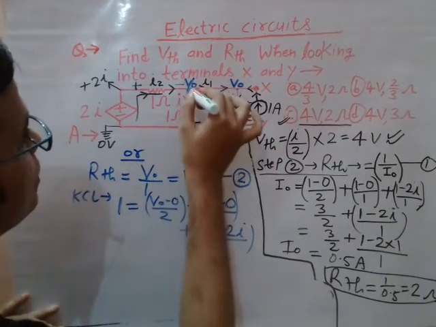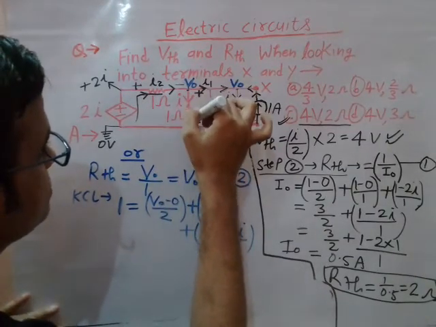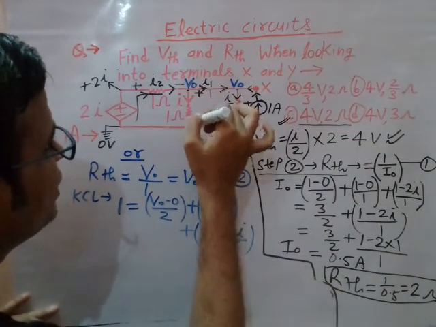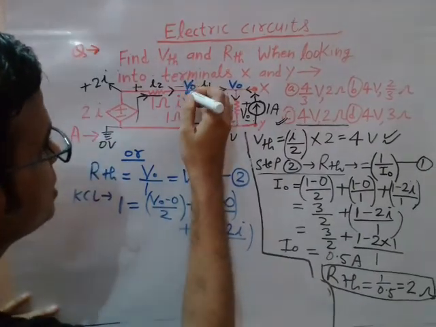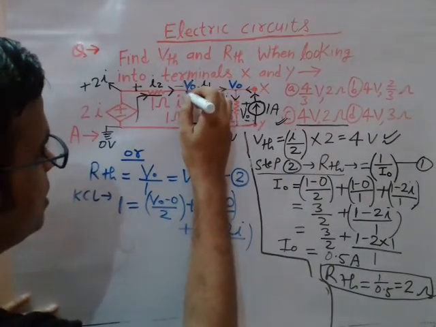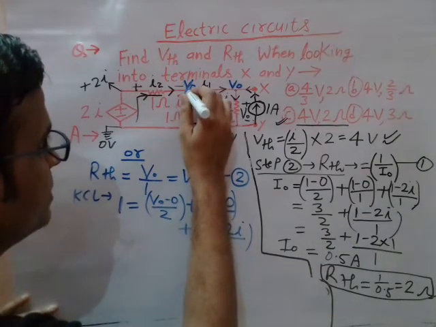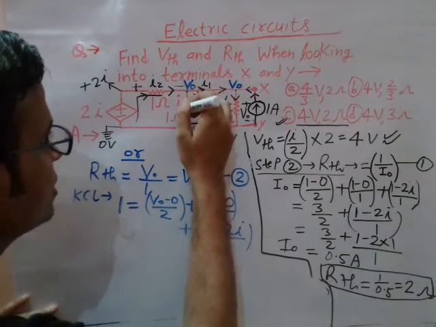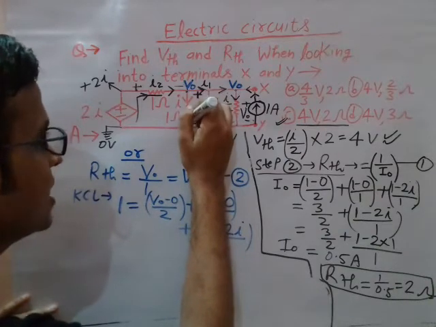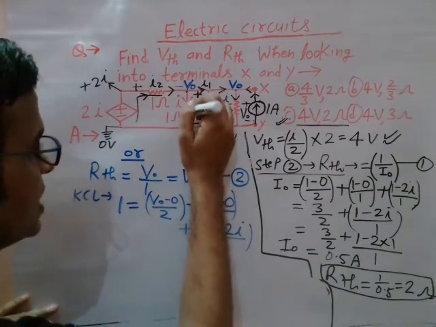Now what is the voltage drop across this branch? V0 is nothing but, see here, V is equal to IR, so current I is flowing in this branch, so I into 1 ohm will be the voltage drop. That means V0 is equal to I volts, right?